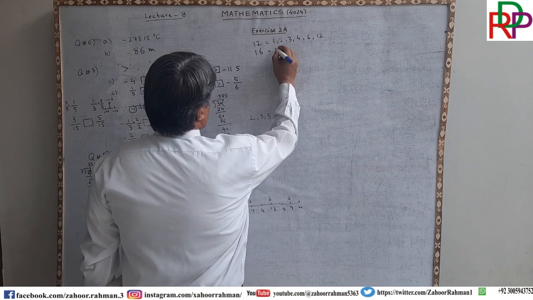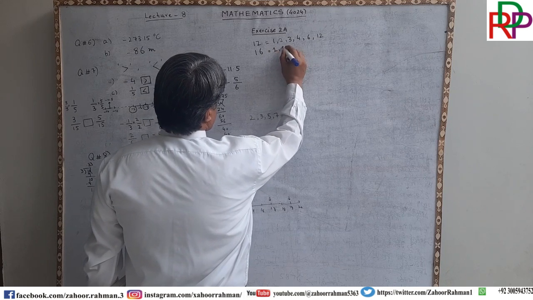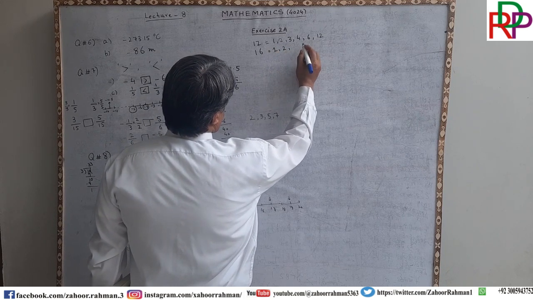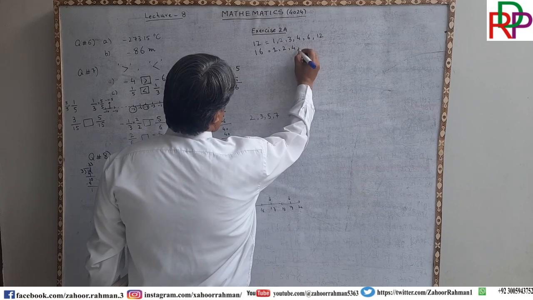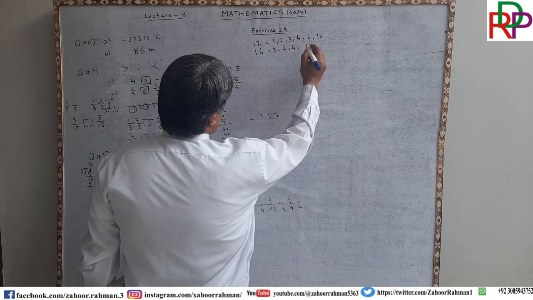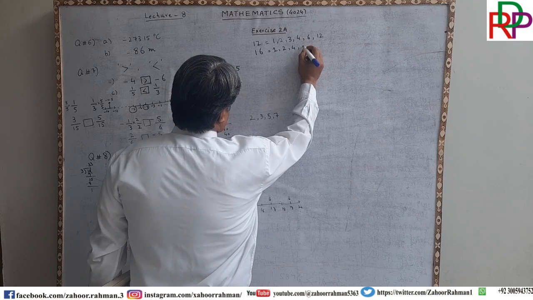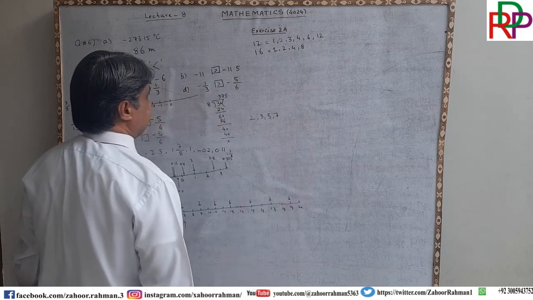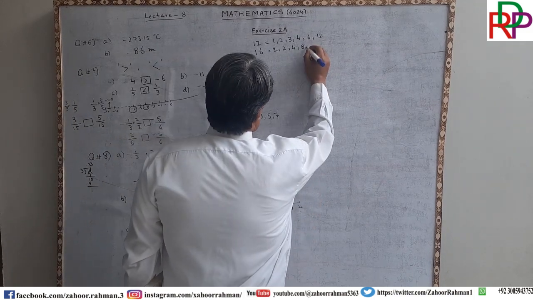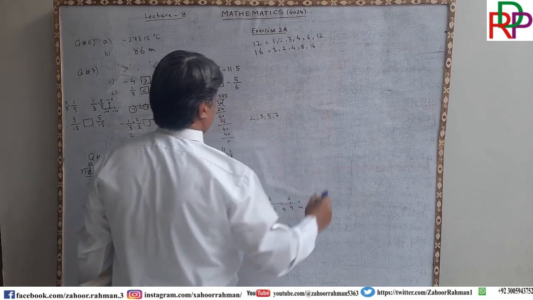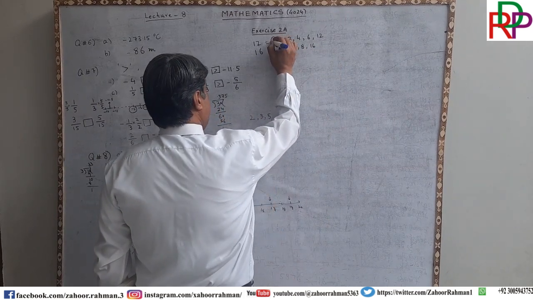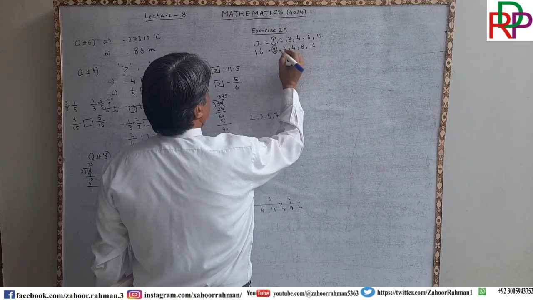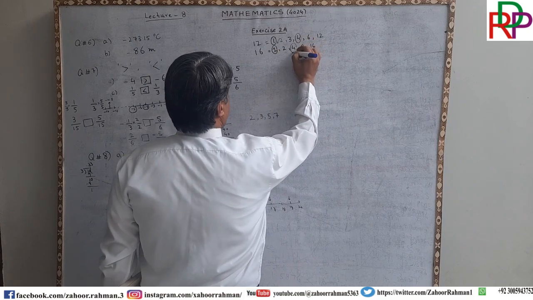So here it is 1, then 2, then 4, and then 8, and then 16. So what are the common? 1 is common, and 4 is common.